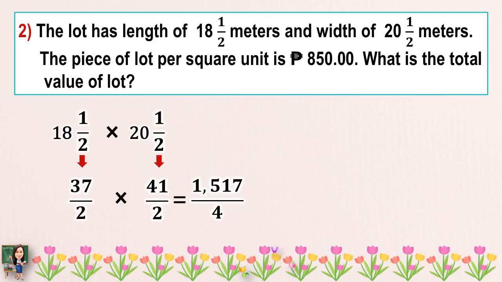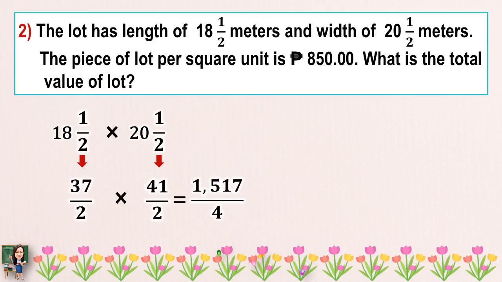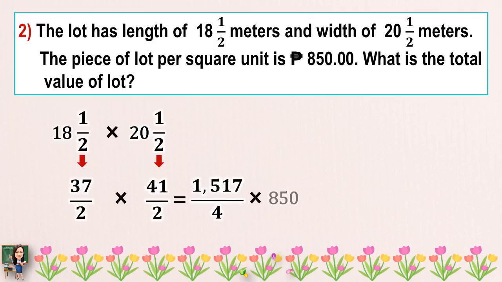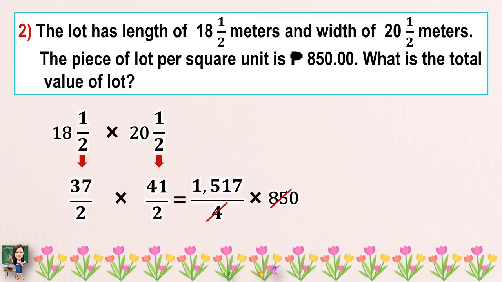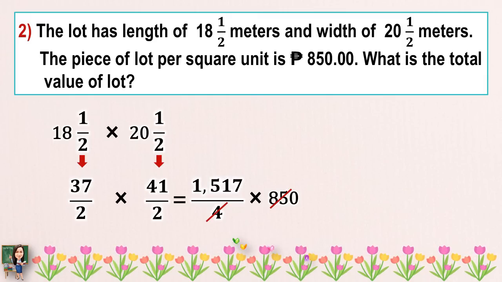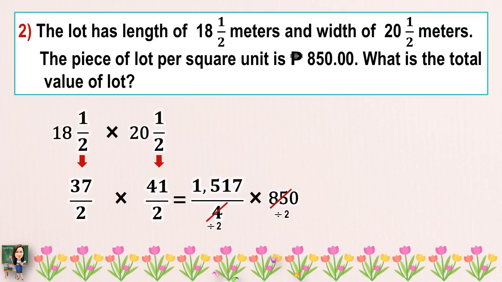Next, multiply 1,517 over 4 times 850, which is the price of the lot per square unit. Use the cancellation method, then find the GCF. The GCF is 2. 4 divided by 2 equals 2.